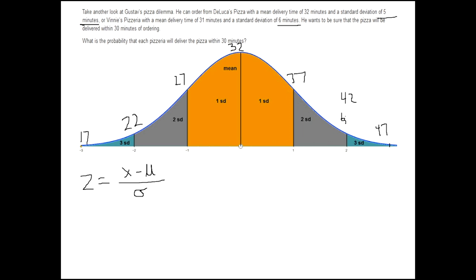So in this scenario, we know if we're looking at 32, the 30-minute mark is somewhere like right there. And again, I'm just estimating, but that's about where it is. So we know just visually that it's going to be less than 50%. And remember the empirical rule stuff? We can break down what's inside here and what's inside here. We know that this is 34%, because remember it was 68 divided by 2.